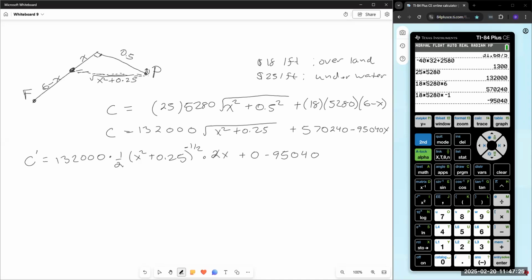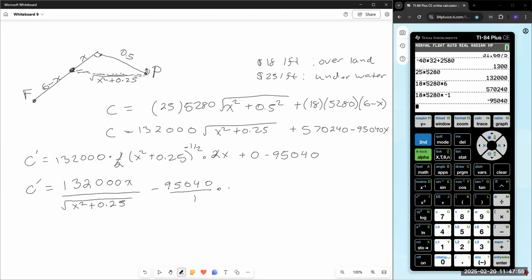This 2 cancels out with that 1/2, and I have c prime is 132,000x divided by the square root of x squared plus 0.25 minus 95040 over 1.